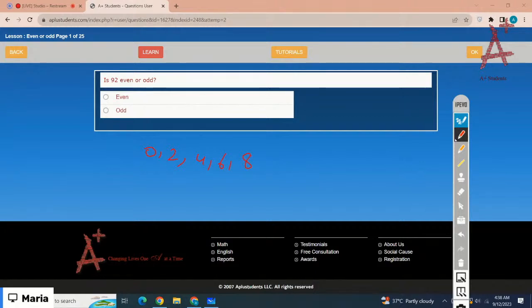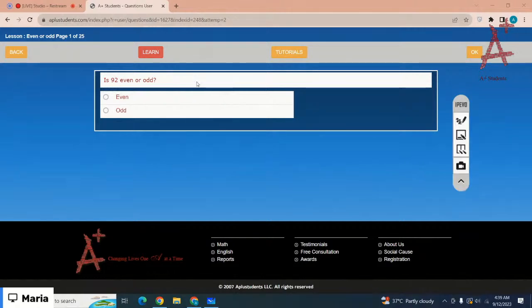So what about 92? You can see 92, 2 is at the ones position, right? That means 92 is an even number. So the correct option is even.